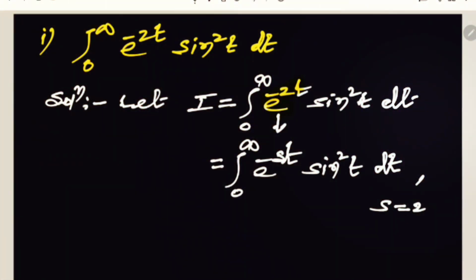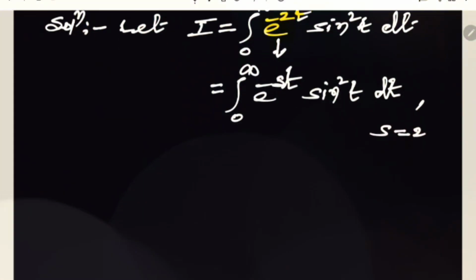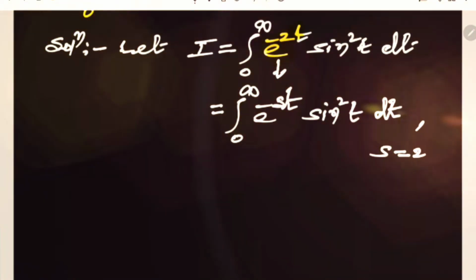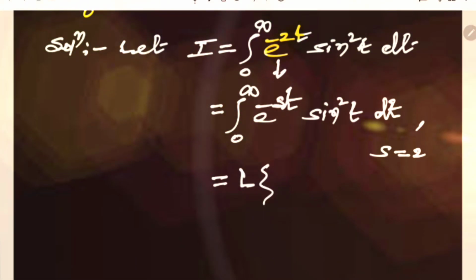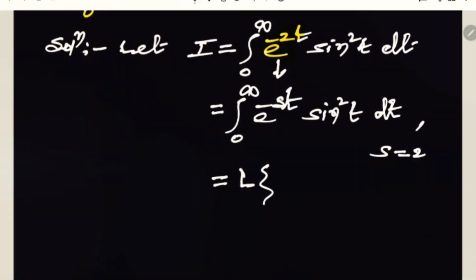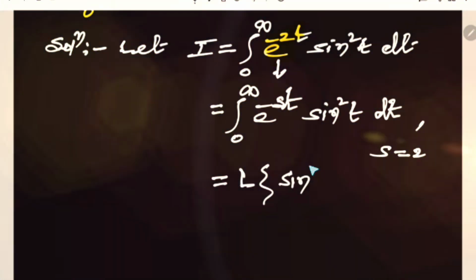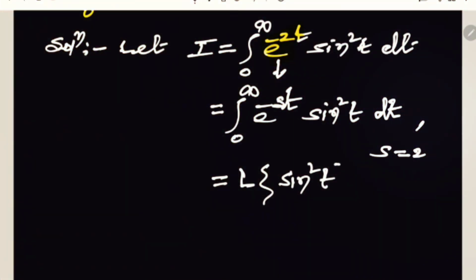And then, as per the definition of Laplace transform, integration from 0 to infinity of e raised to minus st into f of t is the Laplace of that function. Here that function is sine square t.